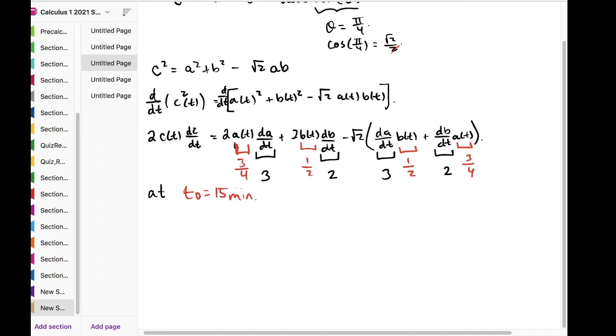We might need to know one other thing. What other thing do we need to know before we can solve for, what are we trying to solve for again? dc dt, yeah. So what is the last thing we need to do? Yeah, we need to find c of t naught.